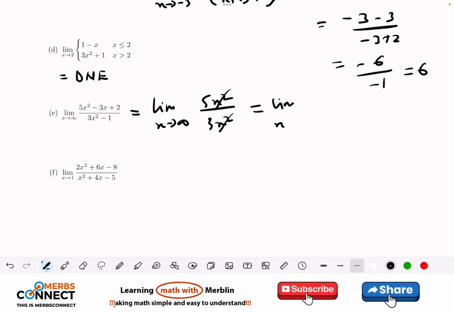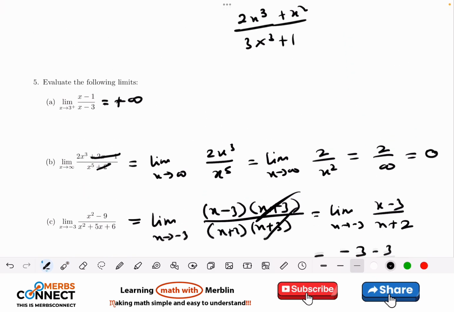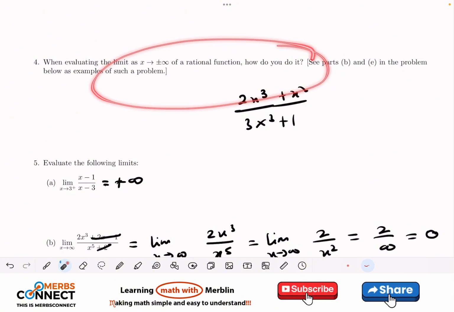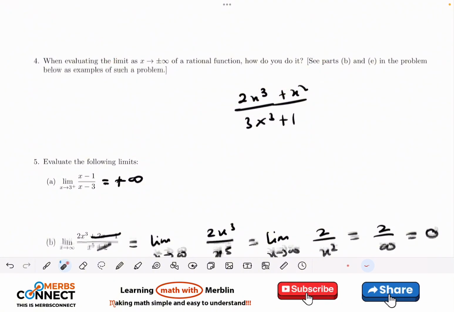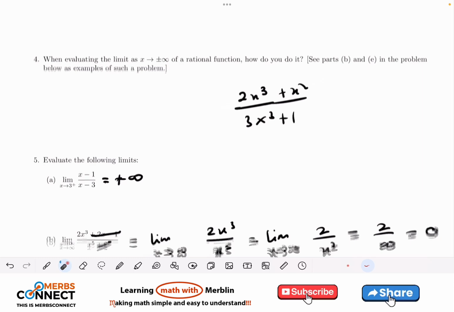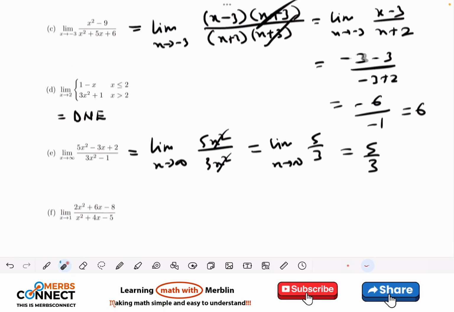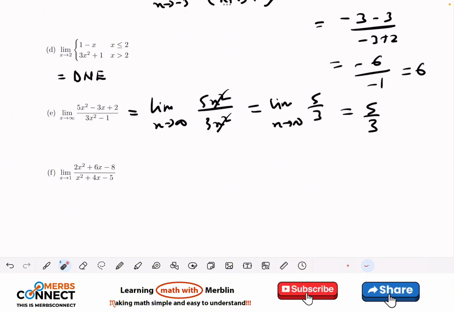Then the limit as x approaches infinity of 5/3, and the limit of a constant is the constant, so this is going to give us 5/3. So that is the explanation whenever we want to do something like x approaching negative infinity or positive infinity: we need to compare the degrees.